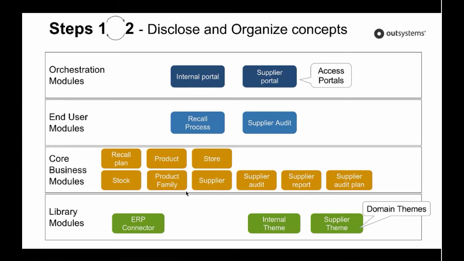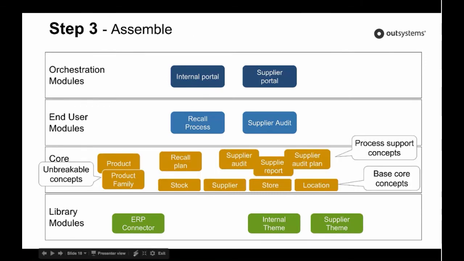So let's look at this example. Basically, what I've done here is, there are these two concepts. They are unbreakable. I cannot have product families without products. And actually, these are so related that every time I change a product, I also need to add some product family functionality. So I'm merging these concepts into one.